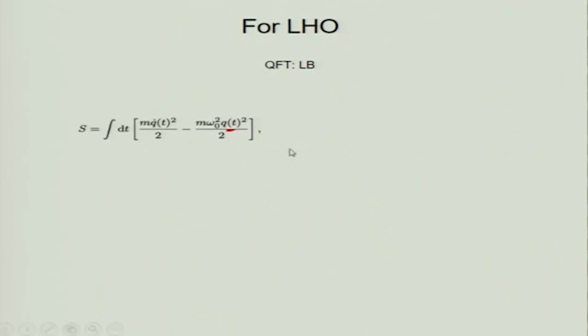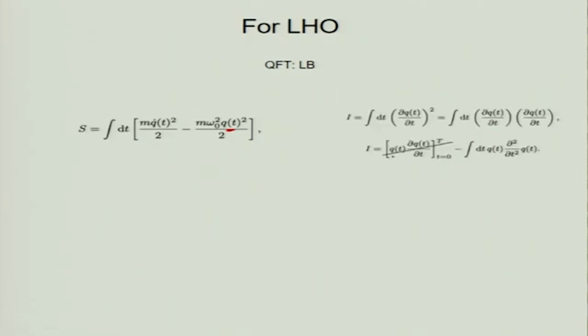This is solved by doing integration by parts: the first function times the integral of the second, minus the integral of the derivative of the first times the integral of the second. This is a standard trick to convert a derivative squared to a function and a double derivative, and the source term is 0. So this is now q, q, with a linear operator in between. It is not a very convenient looking operator, but it is a linear operator.